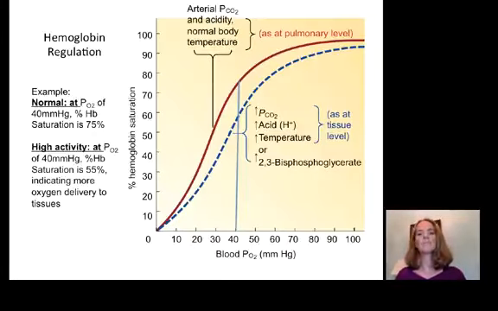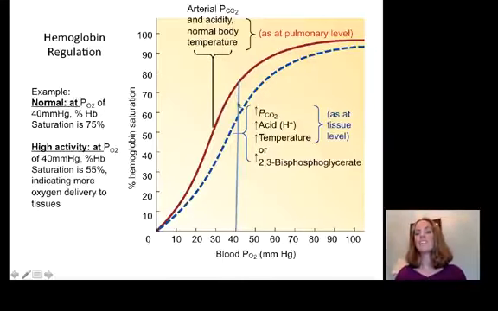Okay, so you get it? If we only measure oxygen levels, we get this curve. So if the hemoglobin is only sensing a change in oxygen, we stay on this curve.